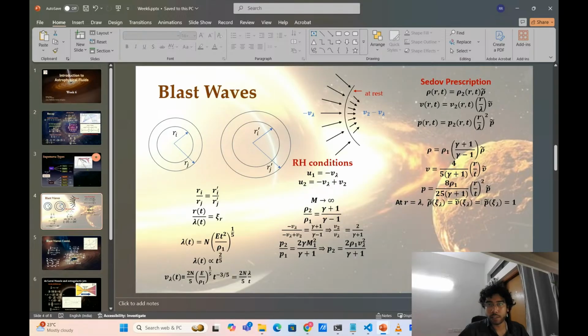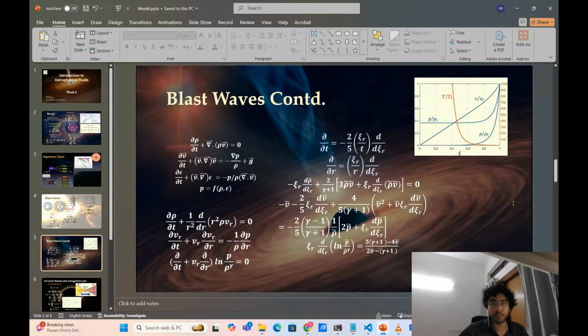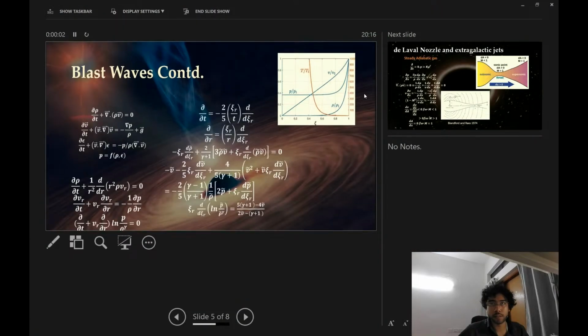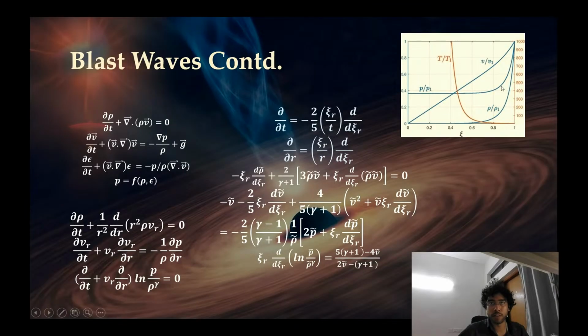These are the initial conditions at r equals lambda, so basically at xi equals 1, rho, v and p are equal to 1. So you have three first order differential equations, three initial or boundary conditions, and you can just solve these equations numerically using a computer, and this is the solution you will get, right?